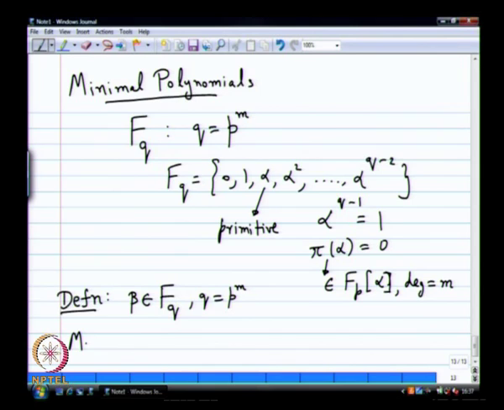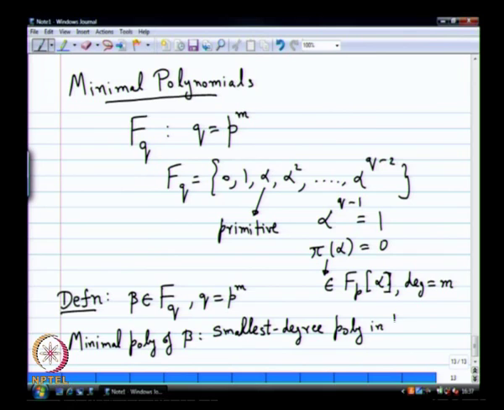The minimal polynomial of beta is the smallest degree polynomial in F_p[x] which has beta as a root.